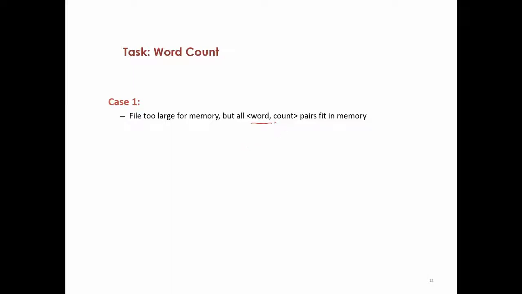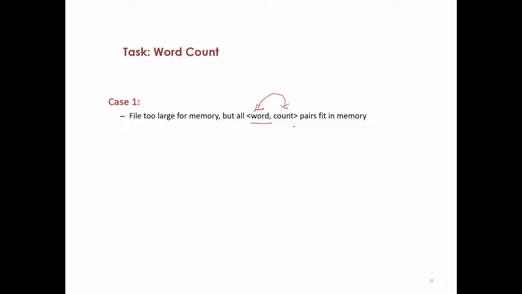In that case, you can store a hash map where you store the words and their counts, and make a pass through the file. You don't store all of the file in memory, but you can store this map.